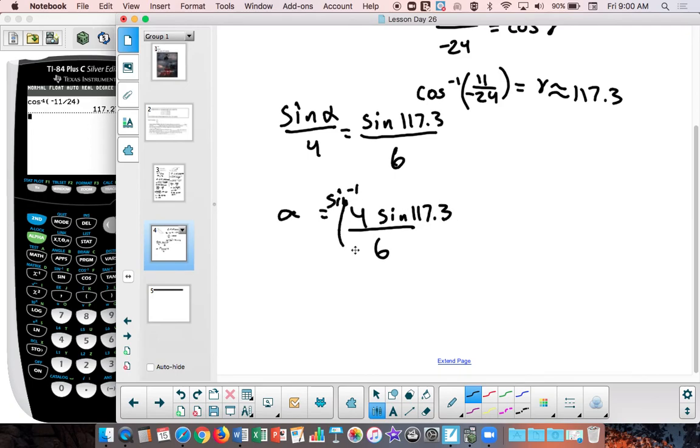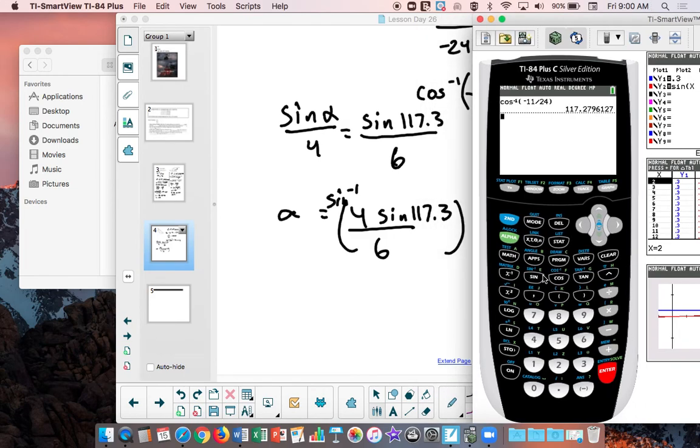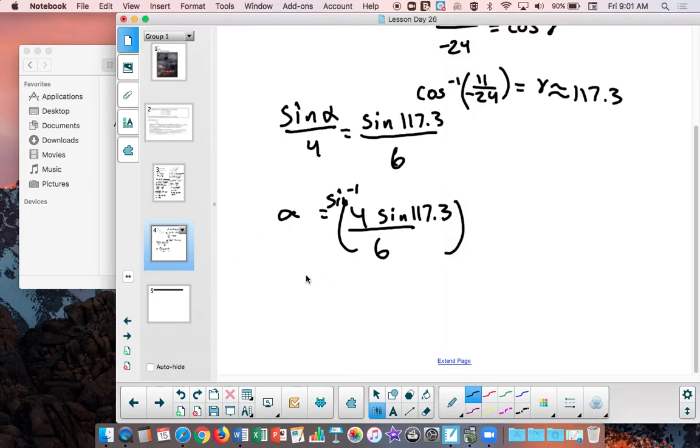Inverse sine of that. Go into the calculator. Inverse sine of 4 sine 117 point gross divided by 6 equals 36.3. So alpha is about 36.3.